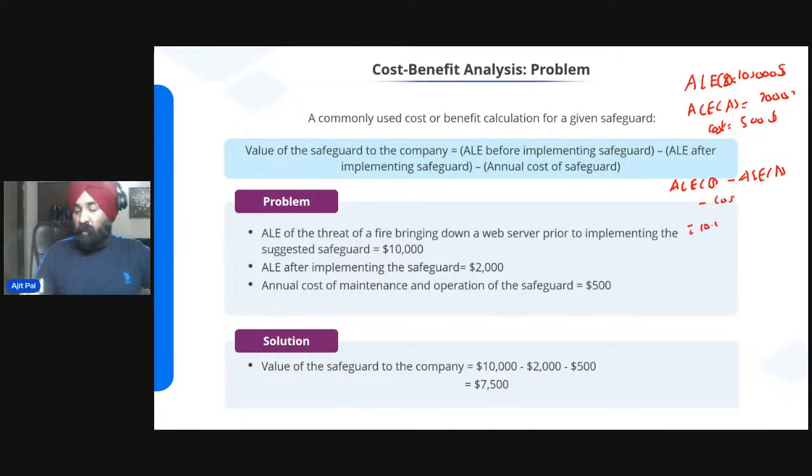So it is $10,000 minus $2,000 minus $500, which is $7,500. Ideally, when you are looking at return on investment, this value should be positive. Then only should you go ahead and implement the control. But sometimes, even though the value is negative, you still have to implement it because of regulations or other issues.